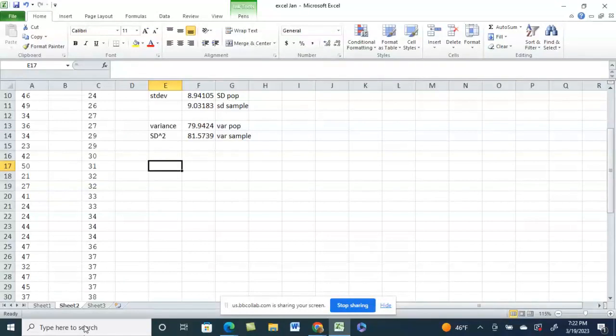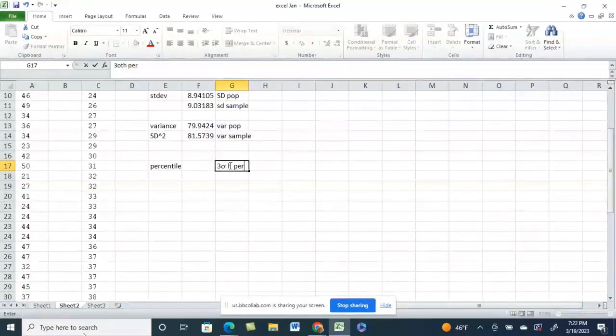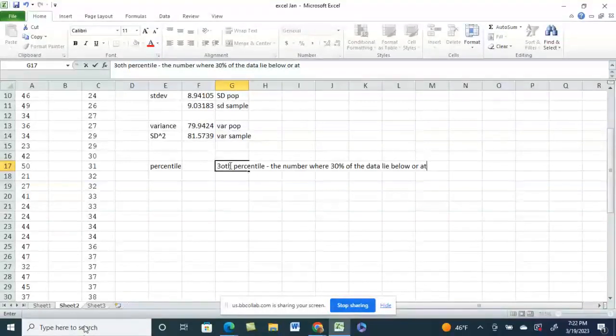Then they're going to ask you about percentiles. Okay, so say we want to find the 30th percentile. It's the number where 30% of the data lie below or at.